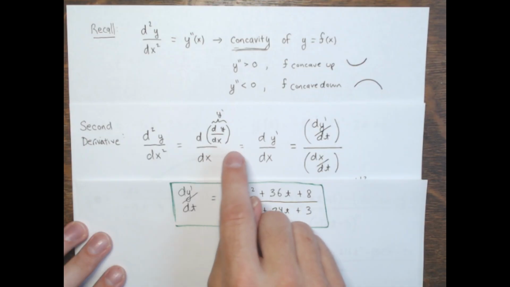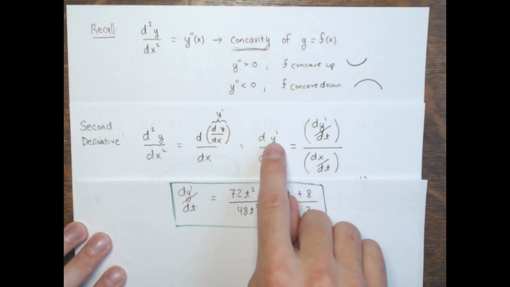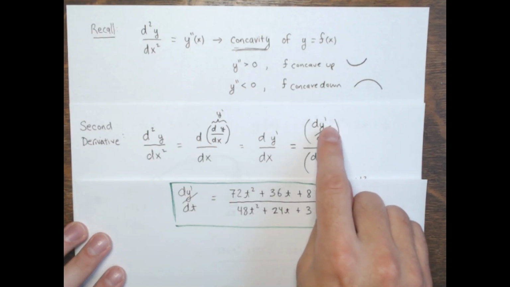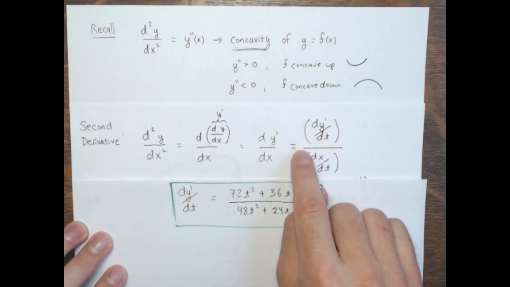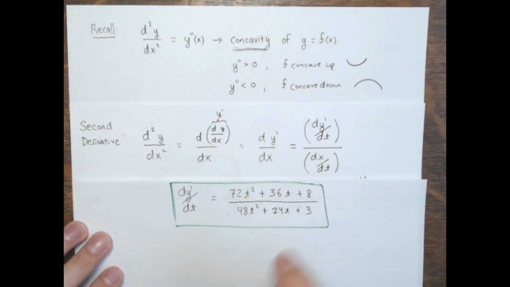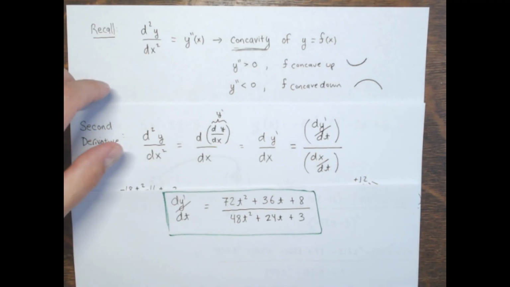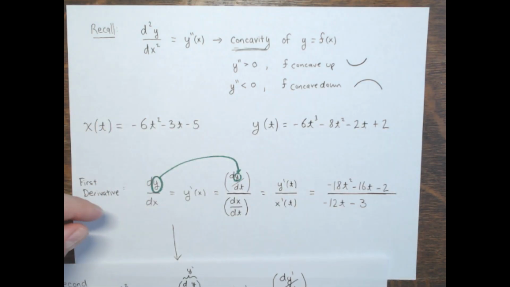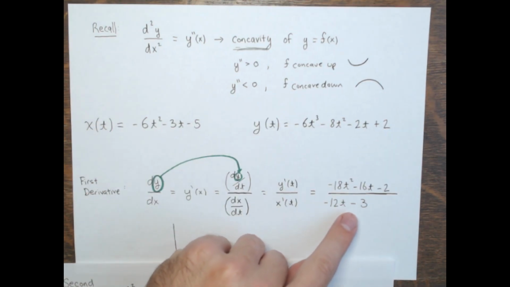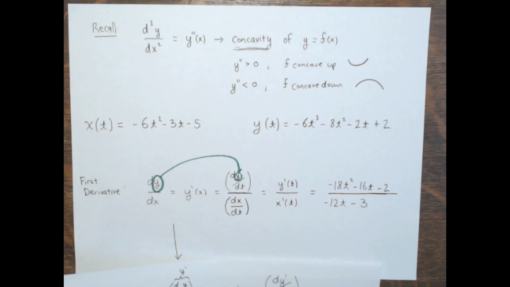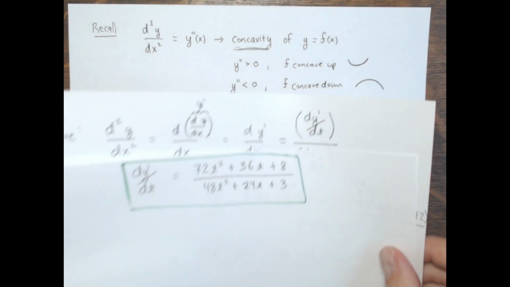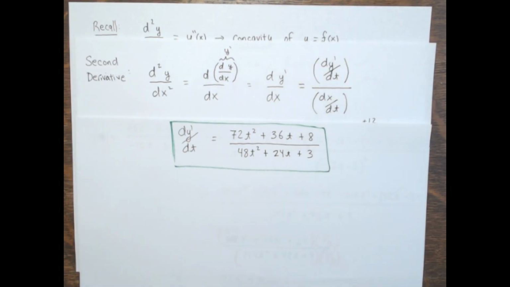The derivative of the derivative. So we just took the derivative of our first derivative in terms of t, and then this gets divided by the derivative of x with respect to t, which we already have from earlier. And the derivative of x with respect to t is negative 12t minus 3. So that denominator doesn't change, it's the numerator for this second derivative.